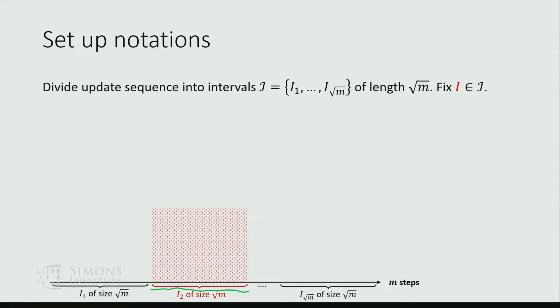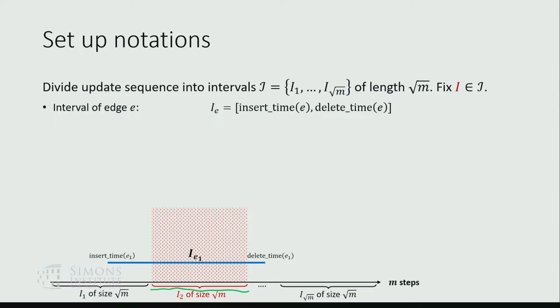For each edge in the graph, one edge will be inserted and deleted, so there is a lifetime interval for each edge. For each edge e, the interval of e is just the insert time of e until the delete time of e.